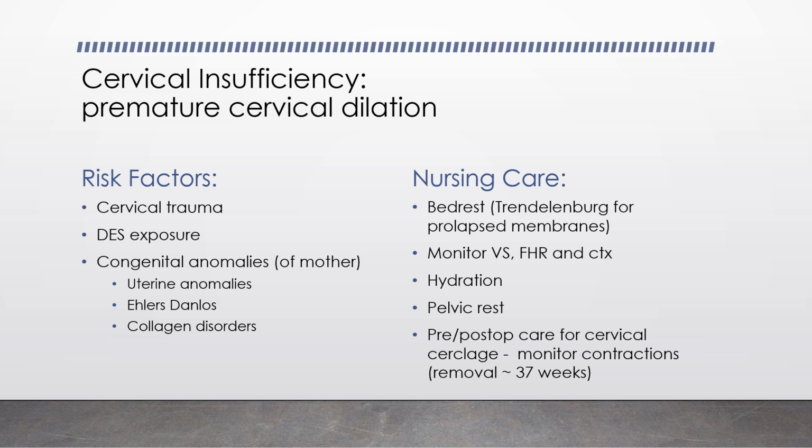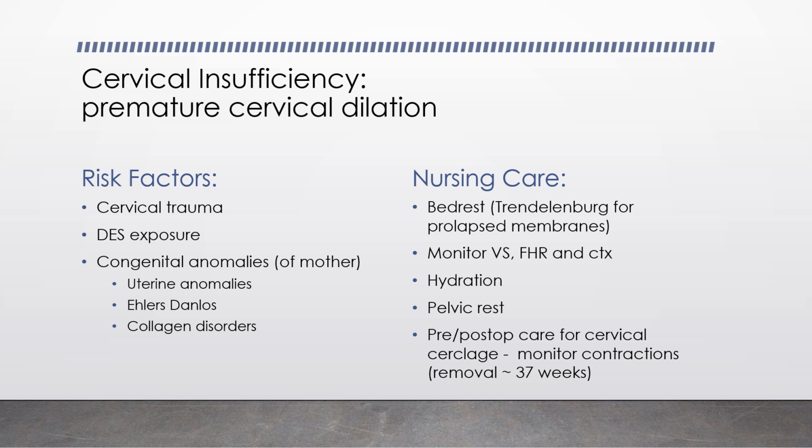Nursing care: if the woman comes in and complains of pressure in her vagina or pelvis, and if she is found to be dilated, sometimes the membranes are starting to prolapse.